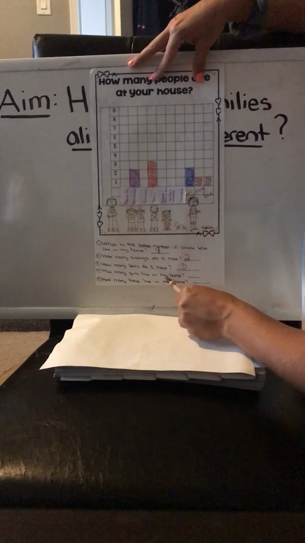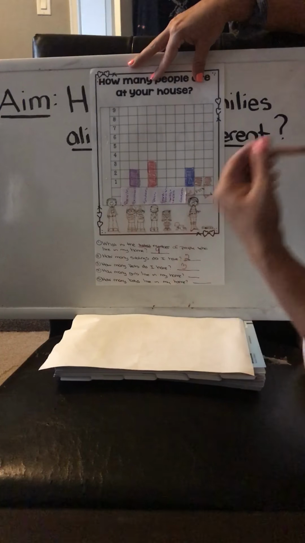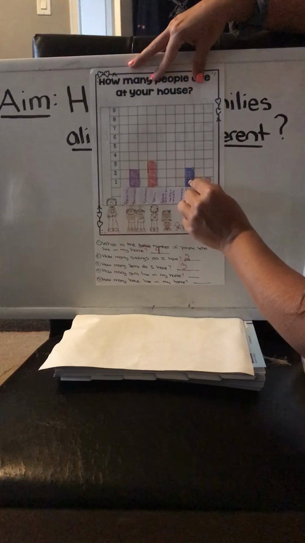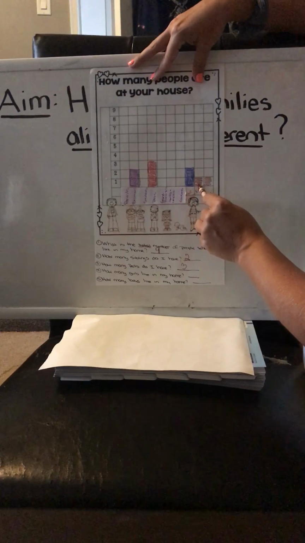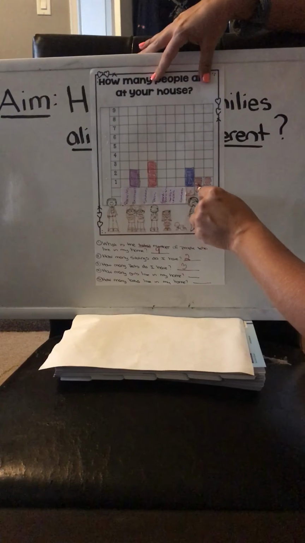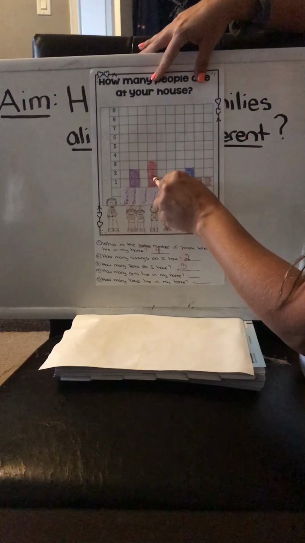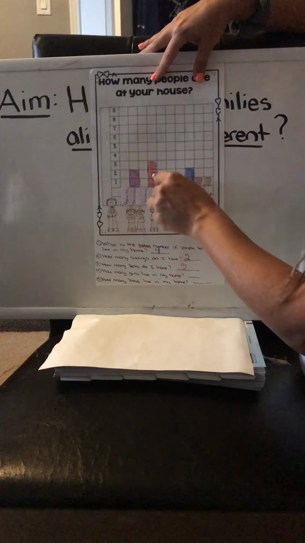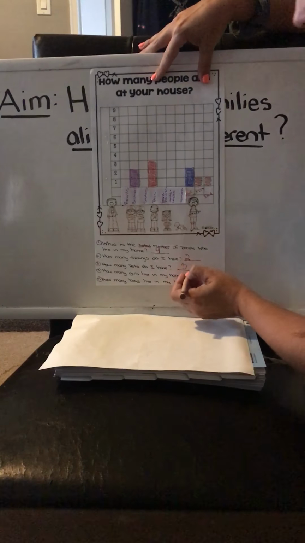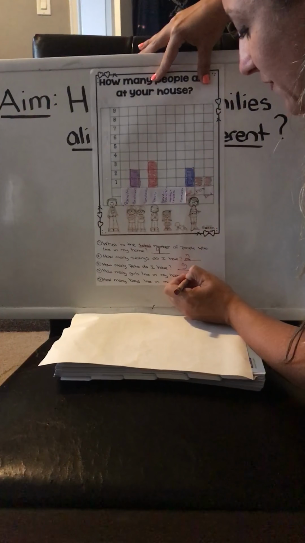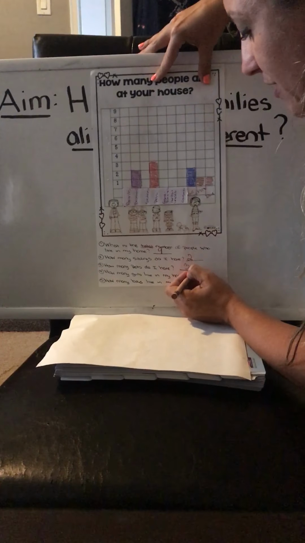How many girls do I have living in my home? Well, my stepchildren are girls. So there's 2. And I'm a girl. So there's 3. And my dog and my cat are girls. So there's 5. The total number of girls living in my home is 5. So I'm going to jot that down right here.